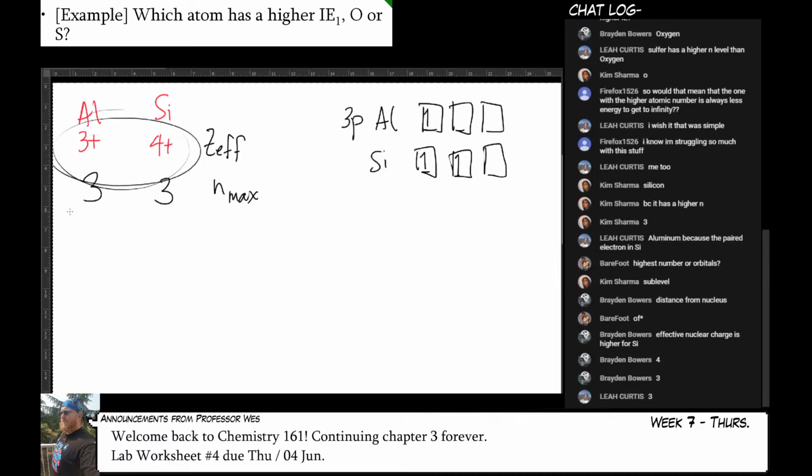All right. So why does this having a higher Z effective mean that this has a higher ionization energy? Use quantum mechanics to explain your answer.